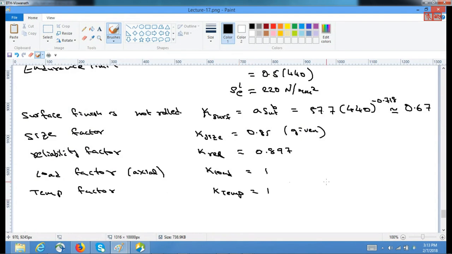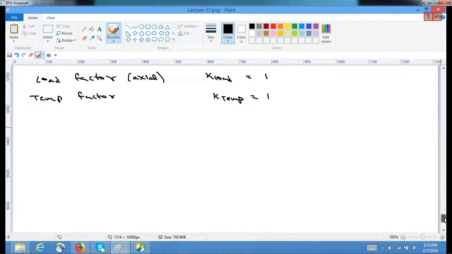Now since there is a plate with a hole, we have a stress concentration factor. We know that when you have a plate with a hole, we take the D by W ratio, so D by W in our case is 10 by 50, that is equal to 0.2.